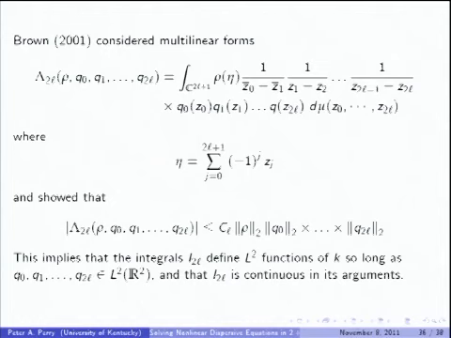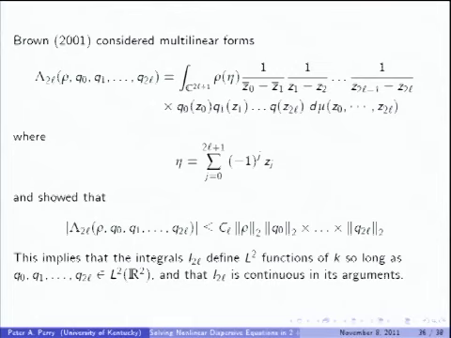So what that leads to is considering multilinear forms where you have all the stuff you had before, then instead of an oscillating phase, you have some function which is the Fourier transform of a test function. Now, the key thing is that Brown is able to estimate such multilinear forms and gets exactly what one wants. One gets that the multilinear form is bounded, first of all, with respect to the right norm of the test function, and secondly, with respect to the right norm in the potentials.